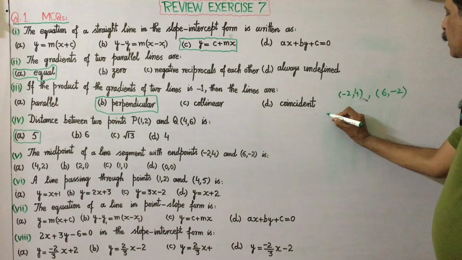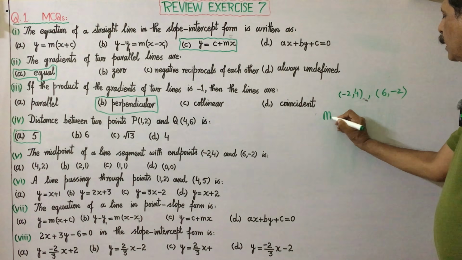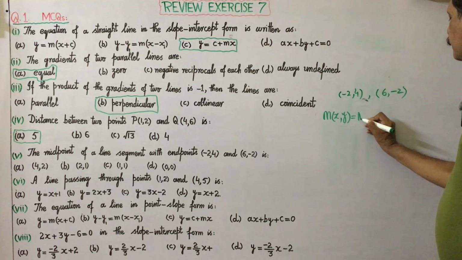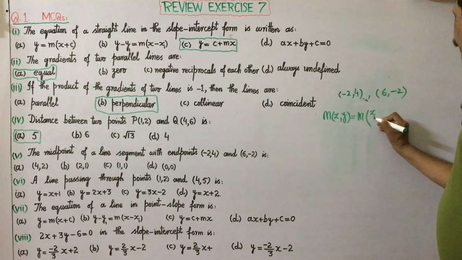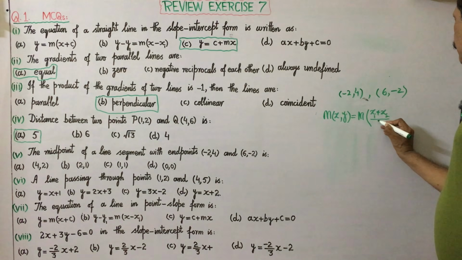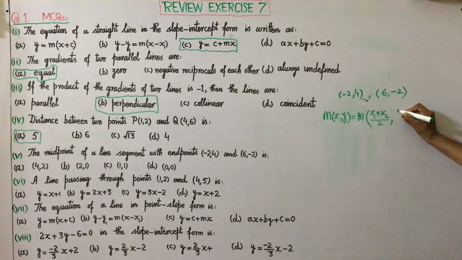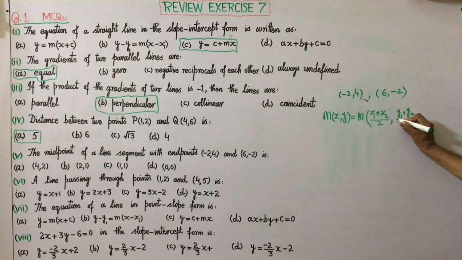Midpoint formula: x1 plus x2 over 2. In this way we will find the x coordinate. For y coordinate, y1 plus y2 over 2.